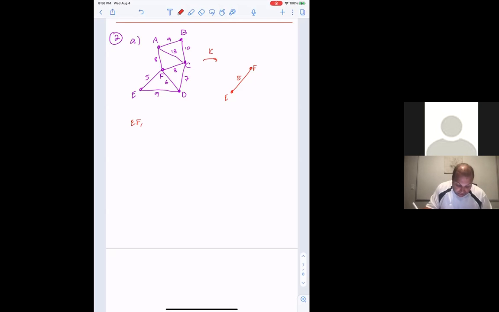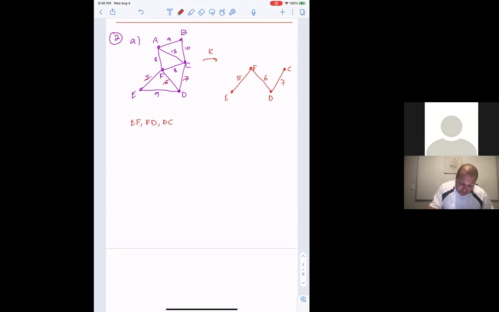Now we pick any edge we want anywhere of least weight that does not form a cycle. So I'm going to form FD, which is 6. Next, I can form DC, which is 7. So 5, 6, and 7 are done. I have a couple 8s here that I can use.